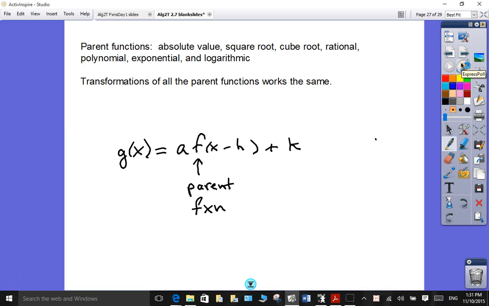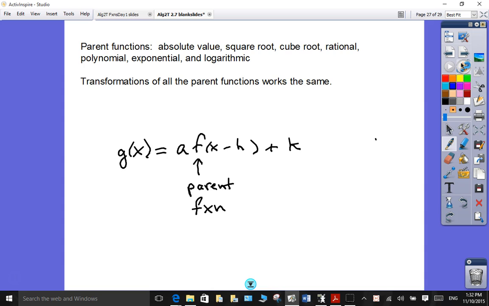So basically, we're supposed to be able to do those transformations on other functions. This is just the starting point. Absolute values, square root, cube root, rational, polynomial, exponential, logarithmic. So the main thing is don't think of them all like they're different. It's doing the same thing with everyone, right?